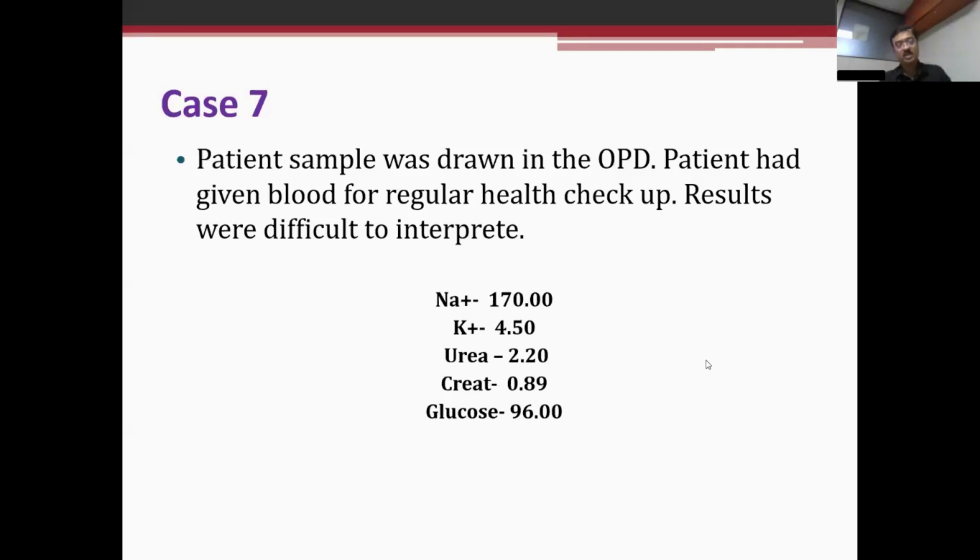So he just transferred some of the sodium fluoride contaminated sample to a serum vial and brought it to us. Because of the presence of sodium fluoride, sodium was very high. And since fluoride is an inhibitor of the urease enzyme, urease could not react, leading to a very low urea.